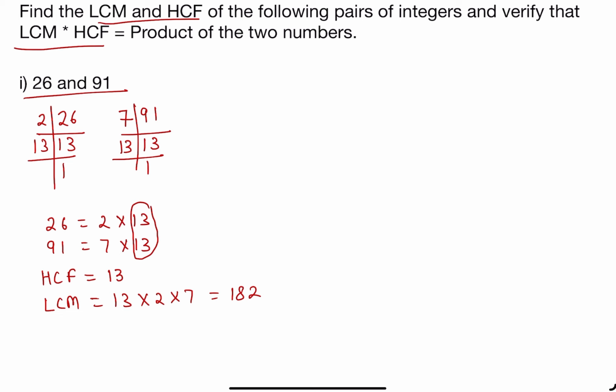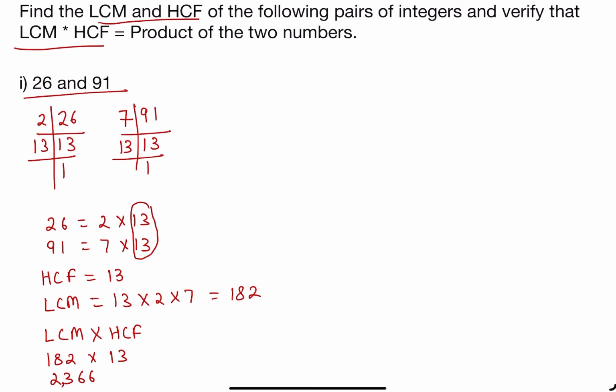Now we have to verify. So LCM into HCF. LCM is 182 and HCF is 13. When we multiply, we get 2366.